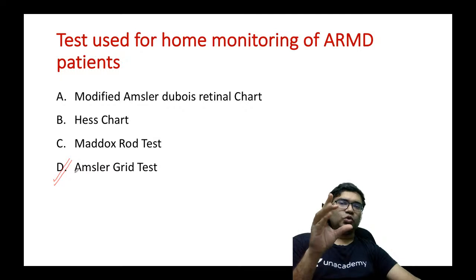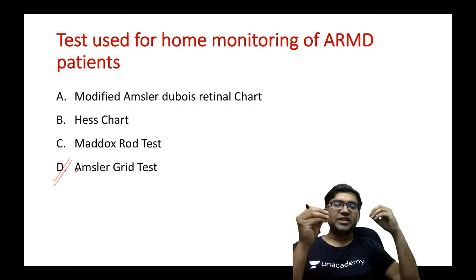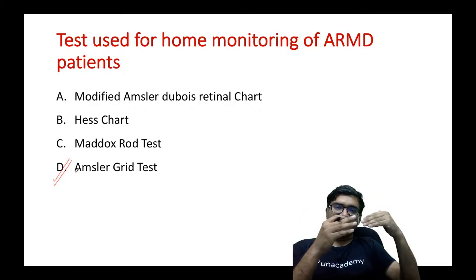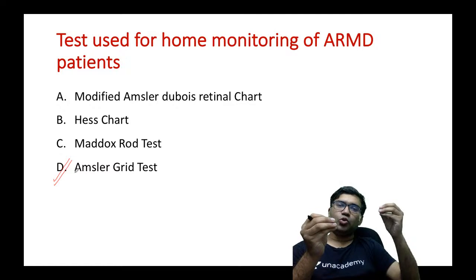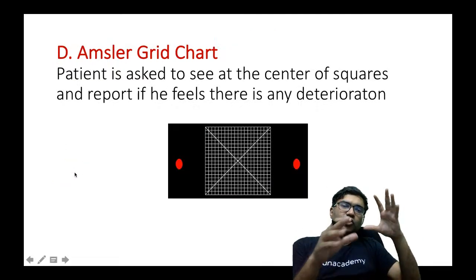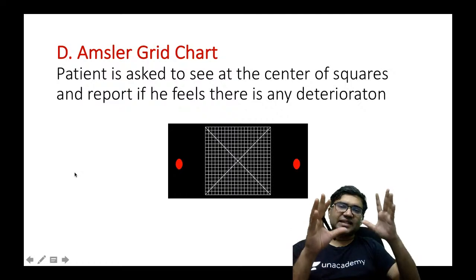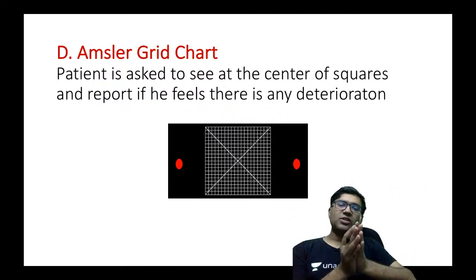I told you that whenever there is ARMD, age-related macular degeneration, the patient would have issues seeing central objects. Also, he would not be able to identify the shape of various objects. If you can see here, there is a large square and in between them there are many small squares.